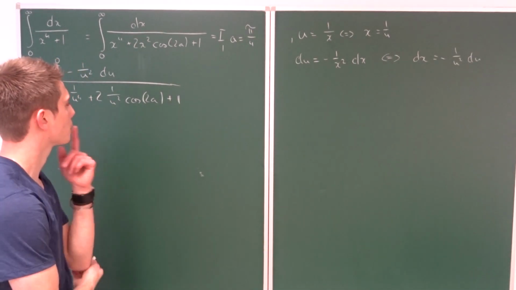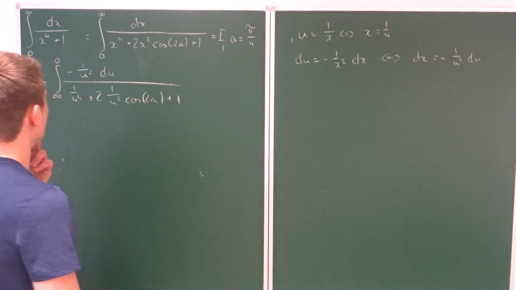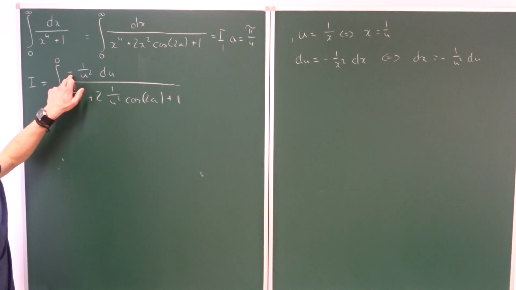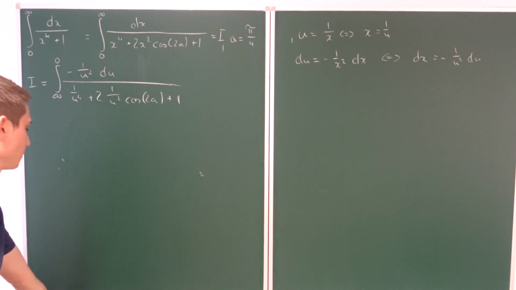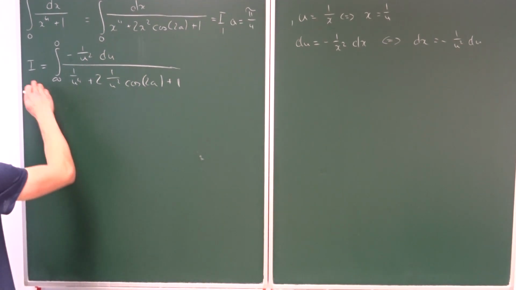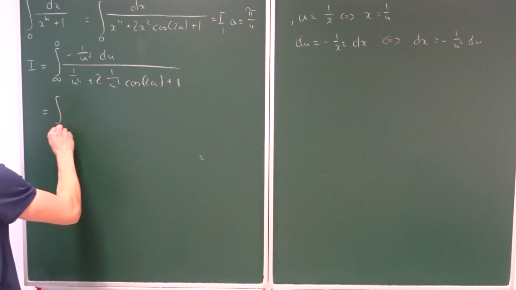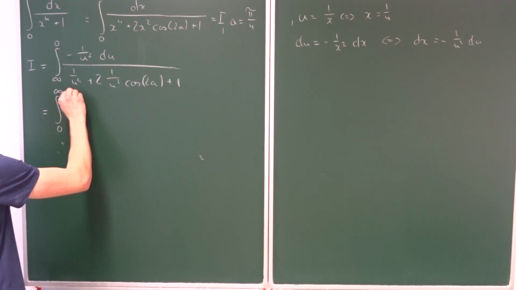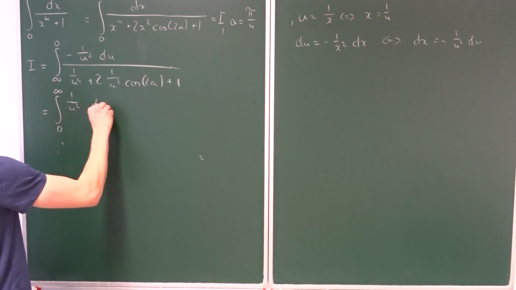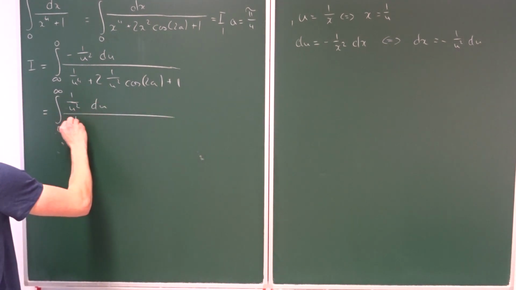Okay, so what can we do next? You have to notice that there's a minus in here. So we can bring it to the outside, and then we can change our bounds. Okay, so our integral is now just the integral from 0 to infinity of 1 over u squared times du divided by our denominator.